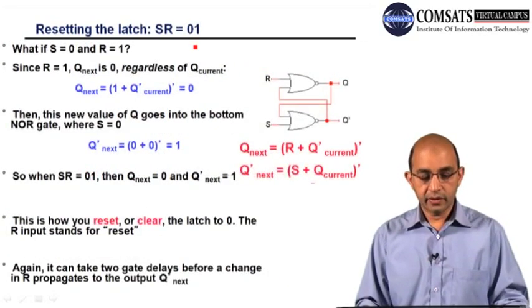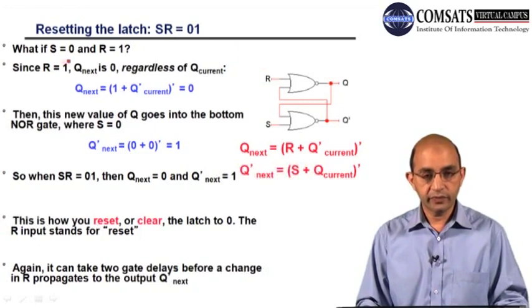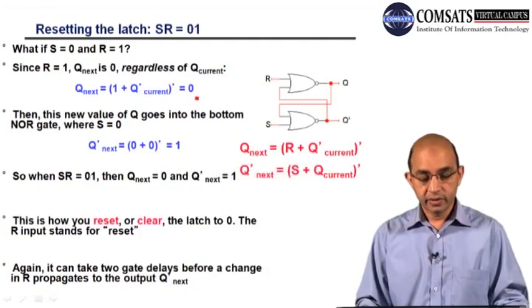And then when we have 0, 1, S is 0 and R is 1, it means we want to reset the latch. Q next is 0 regardless of Q current. So you can see we have Q next 0 and Q bar is equal to 1. So we have reset the latch. We have Q next 0 and Q bar next 1.